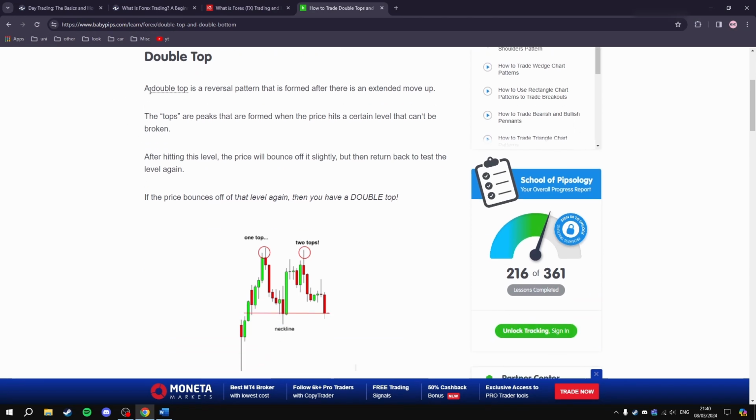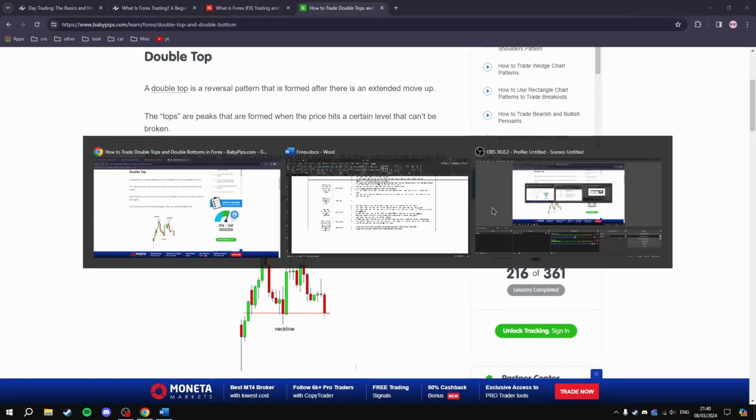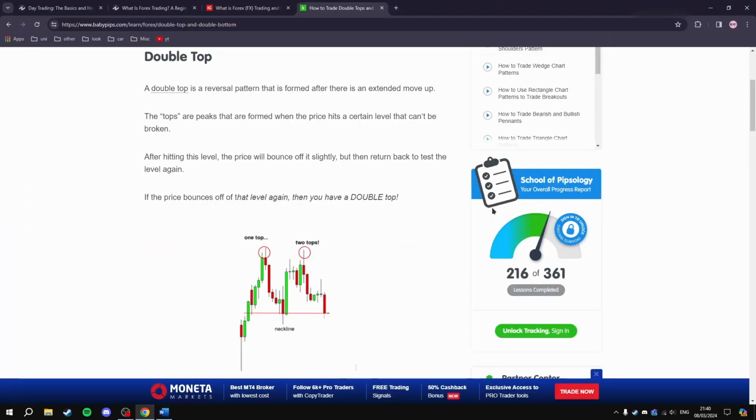Double top. A double top is a reversal pattern that is formed after there is an extended move up.